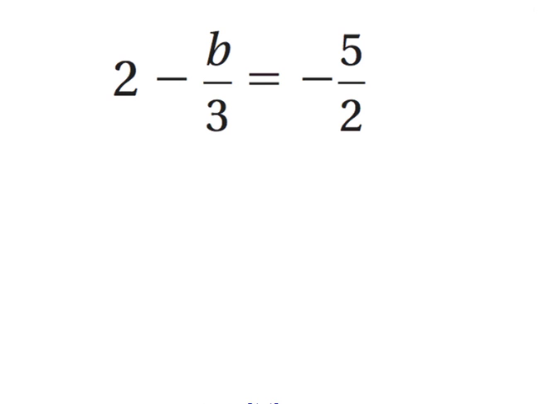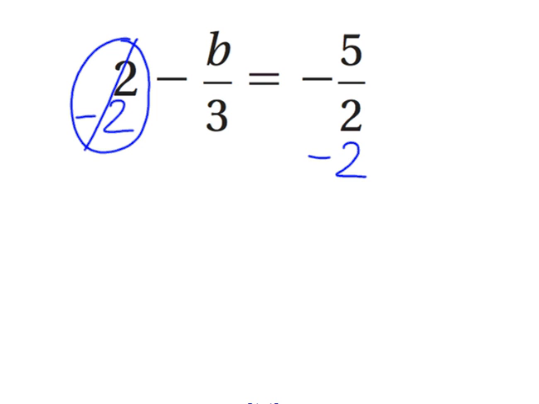Okay, now we have one that includes fractions. Still works the same way as before. I'm still going to look at canceling out the constant first. So to cancel out +2, I'm going to subtract 2 from each side. So I get a 0 pair. It is important to make sure you bring down your negative.